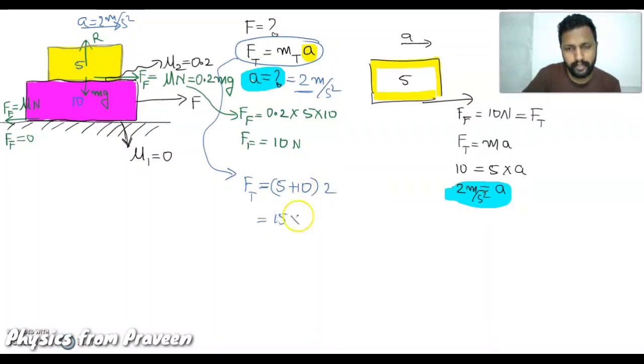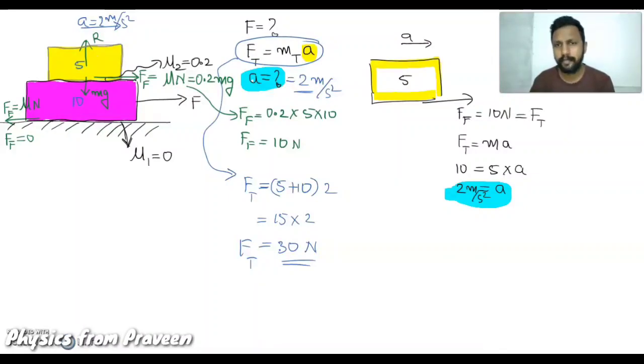Therefore, 15 into 2, that is 30 Newton. This is the total force. That means if you apply a force up to 30 Newton, the two substances will move together.